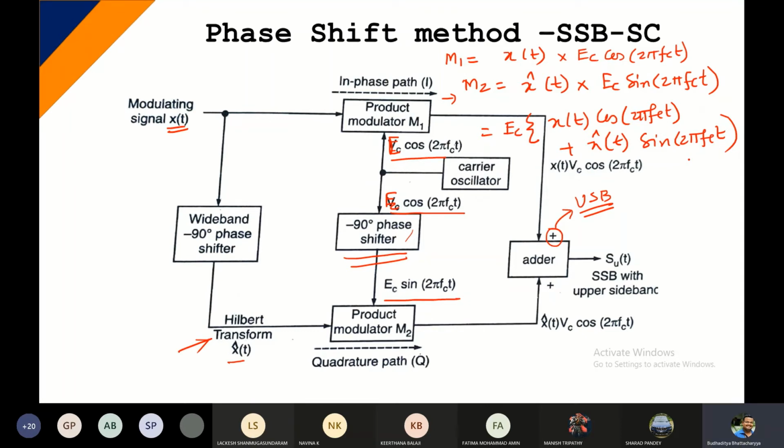In the phase discrimination method, which is this phase shifted method, we have some trade-offs in the design part. In the frequency discrimination method, there was no phase shifter, so it was a relatively easier design.